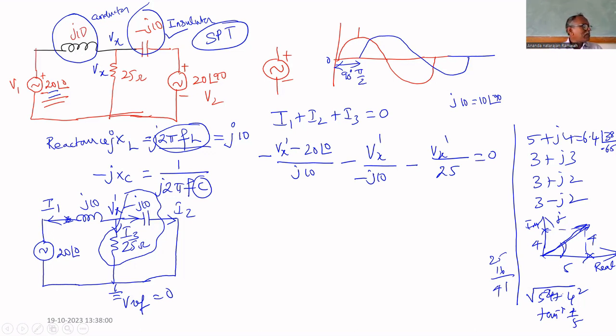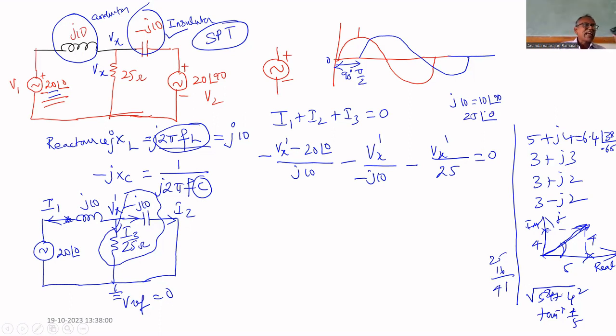A real number like 25 is represented in complex form as 25 angle 0, because it has a real part only and no imaginary part.